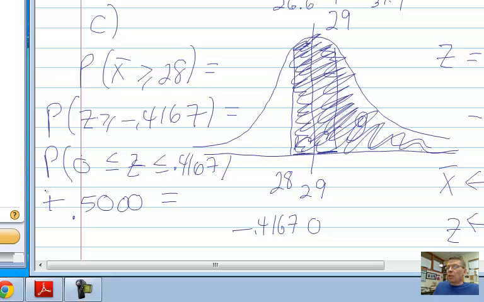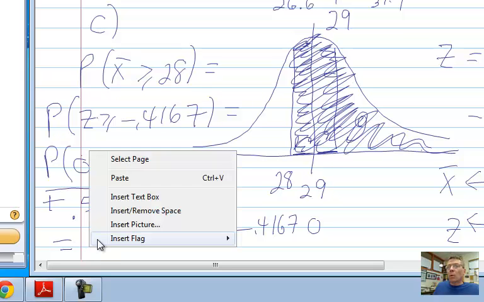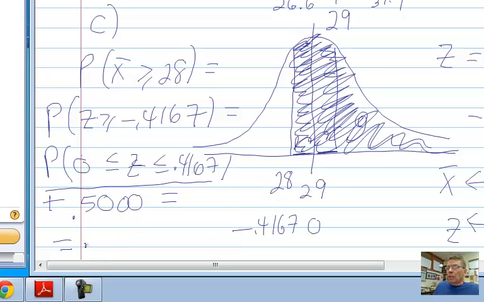Now this value you can pull out of the table. What you're going to have to do is approximate this. So we're going to go to the z table and look for 0.42. If you look at 0.42 in the z table, you're going to get a value which is 0.1628.